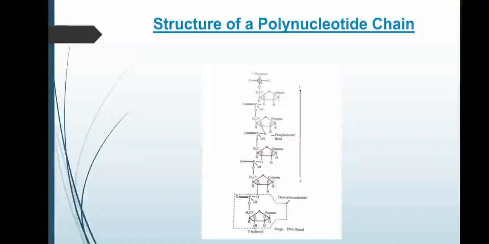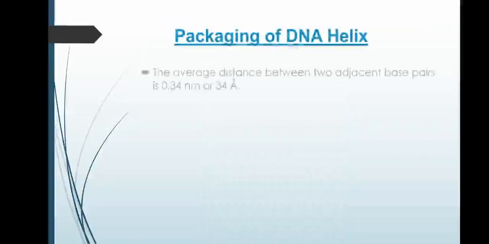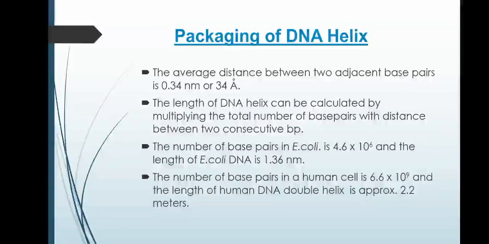So here, students, you can have a look at the structure of a single strand of DNA, which shows how the nucleotide units are connected to each other. Now, DNA is so long and it is packed very compactly. So how is it packed?